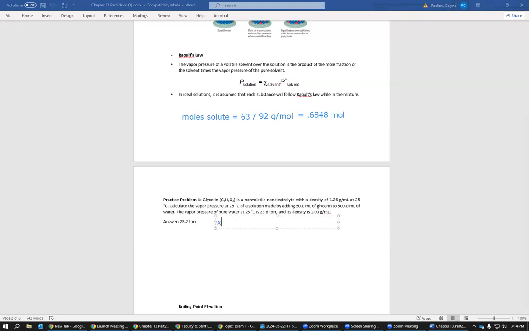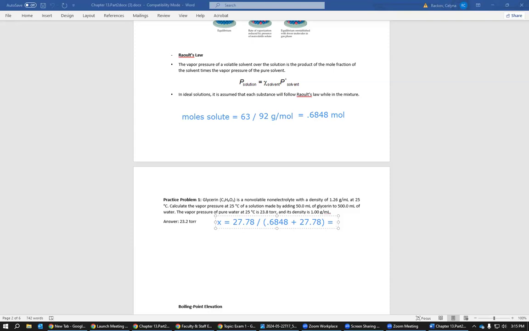The mole fraction, right? You're going to take the moles of the solvent, that was 27.78, divided by the moles of the solute, that is 0.6848, plus the moles of the solvent, right?